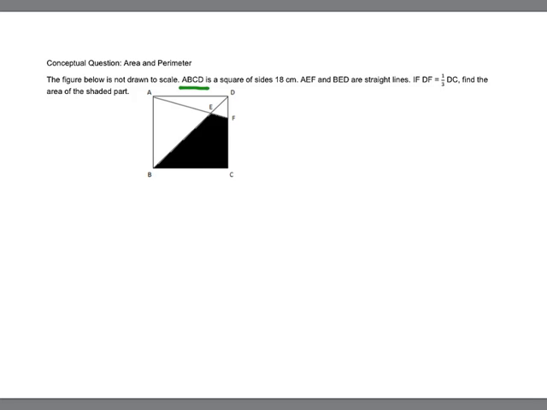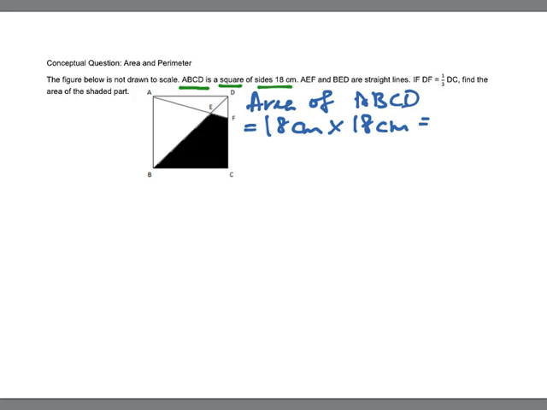It says here ABCD is a square of side 18 cm. Immediately, I will find the area of square ABCD. It will be equal to 18 cm multiplied by 18 cm, which is 324 square centimeters.